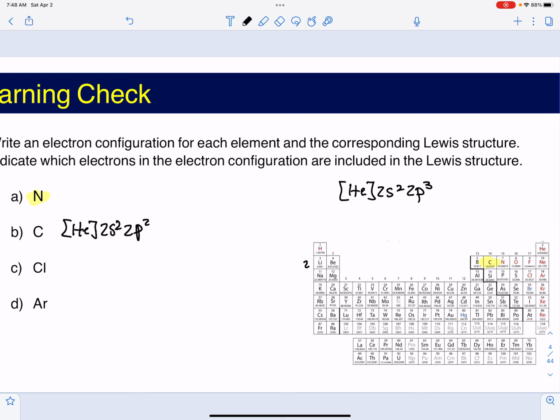Chlorine is going to be neon, the closest noble gas going back.